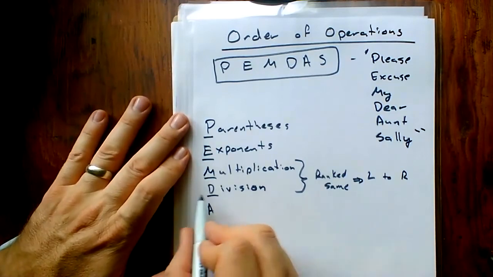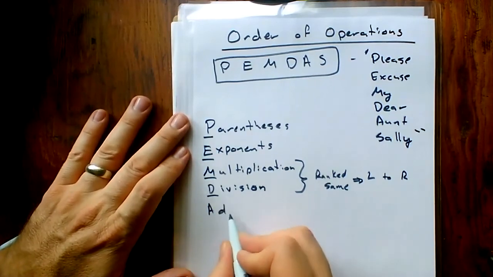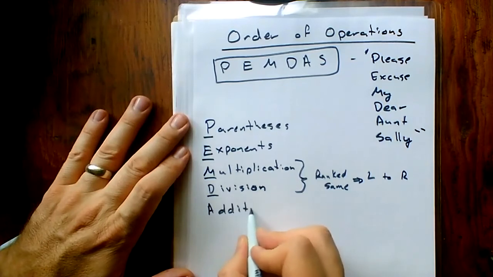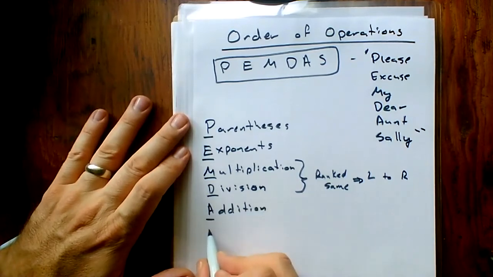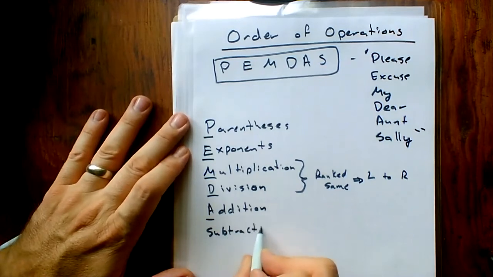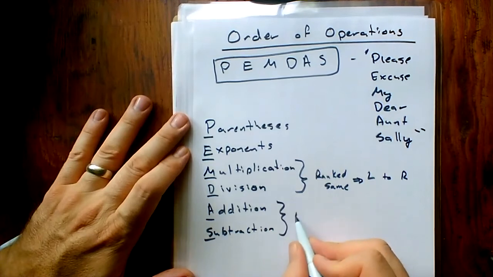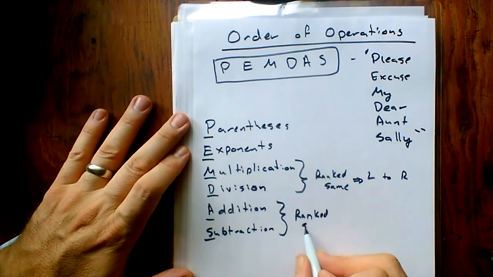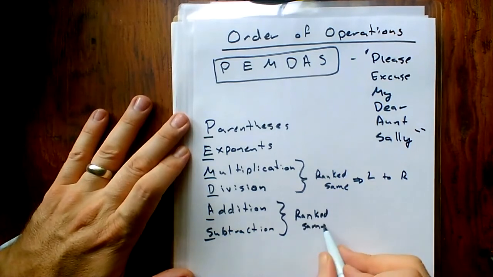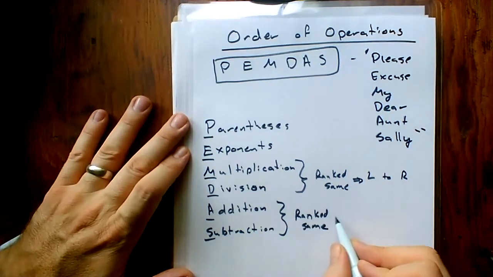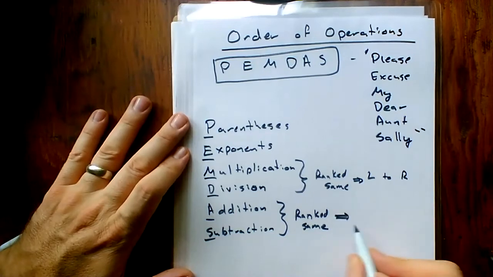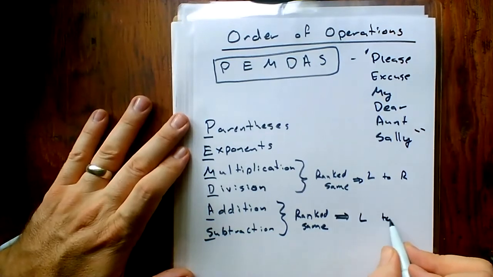Multiplication and division, finish those first, and then addition and subtraction. Addition and subtraction are also ranked the same, so you're going to do that addition and subtraction in order from left to right.